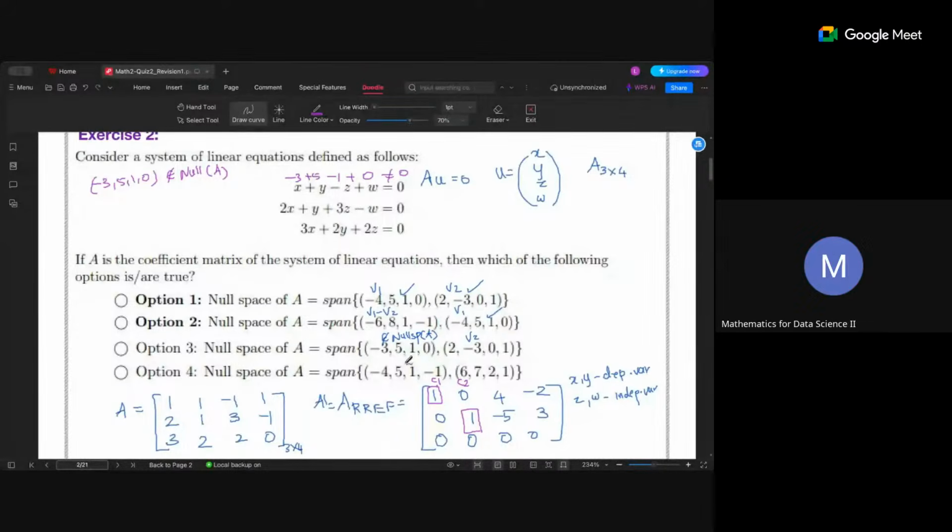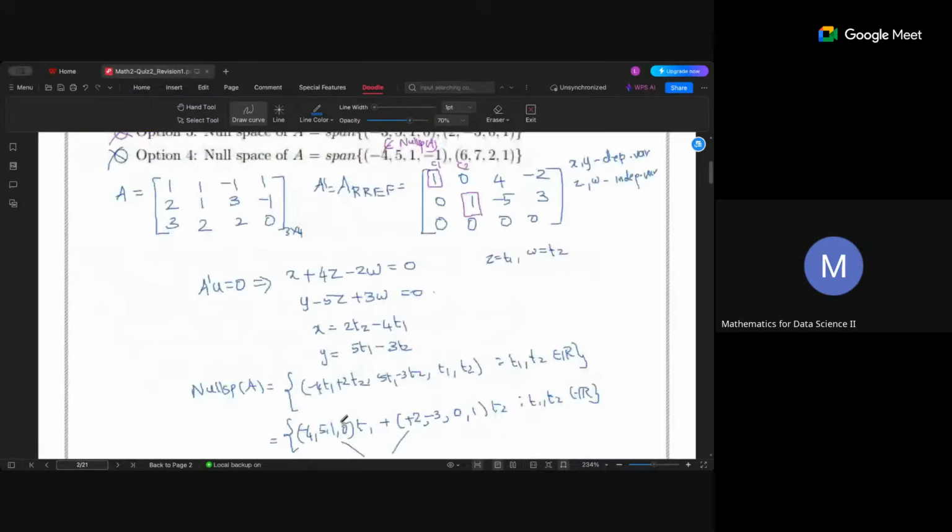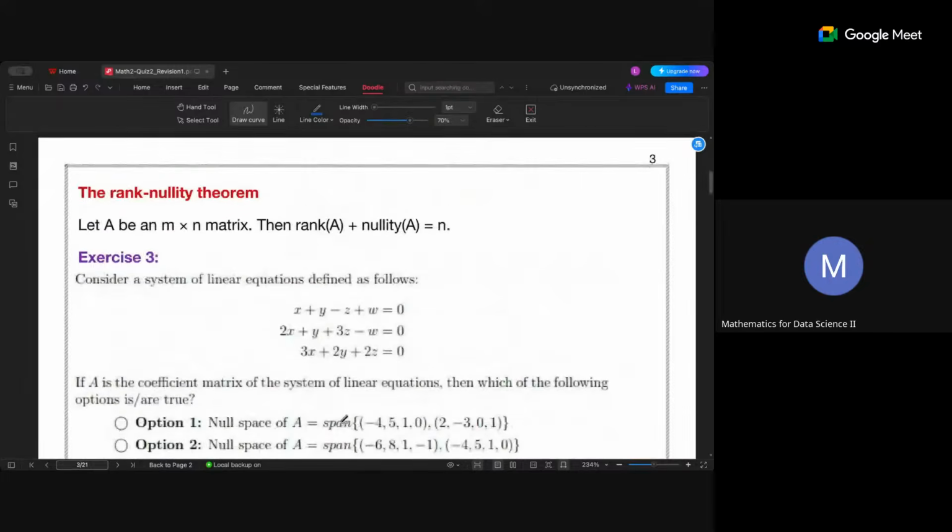Yeah, correct. So for example, option 4 is not in null space. So you see that this is also not in null space of A. So you can say that only option 1 and 2 are correct and 3 and 4 are incorrect. Is it fine? Yes, ma'am. Okay, good. All right.